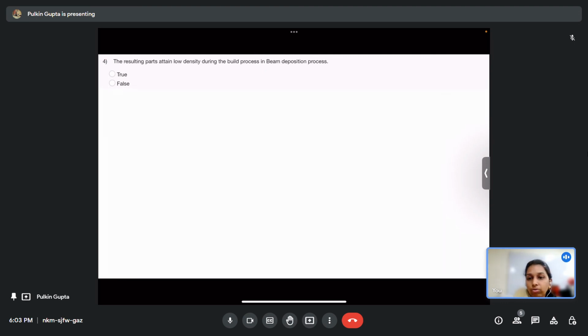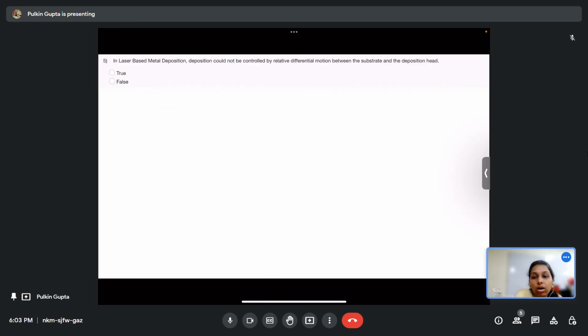Next, question 4. The resulting parts attain low density during the build process in beam deposition process. So the answer is false. We have seen the parts are high density, or rather fully dense parts that can be made using beam deposition process.